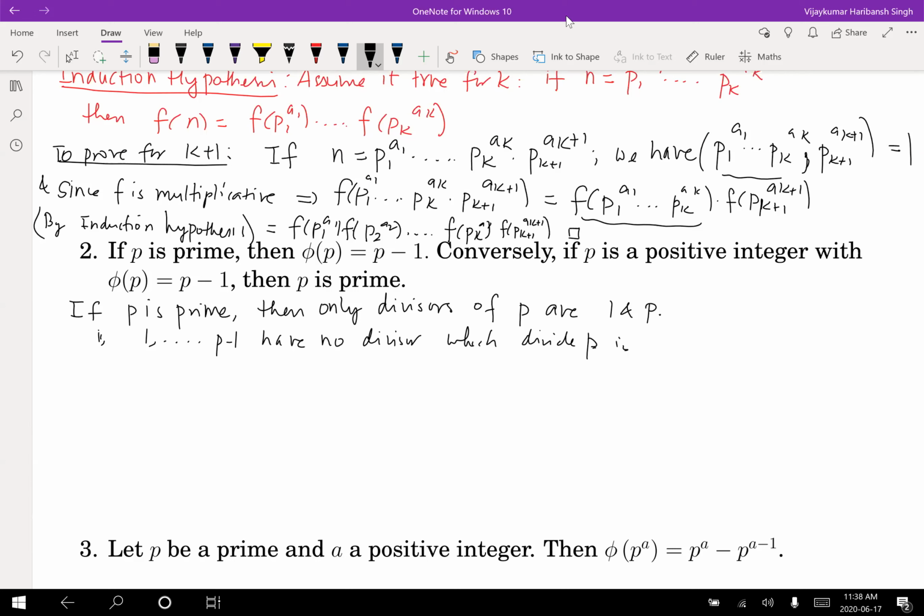That means x and p are coprime if x is between 1 and p minus 1. Therefore, phi of p is equal to p minus 1.